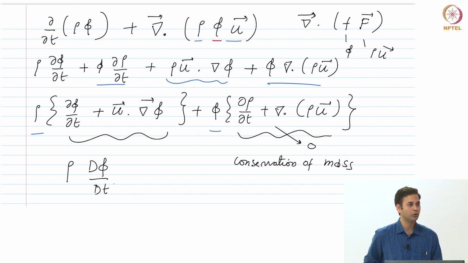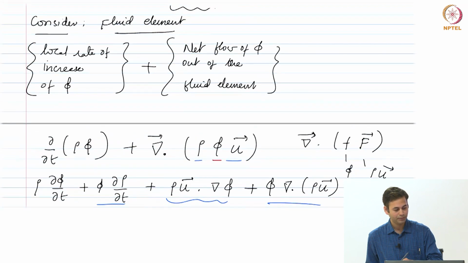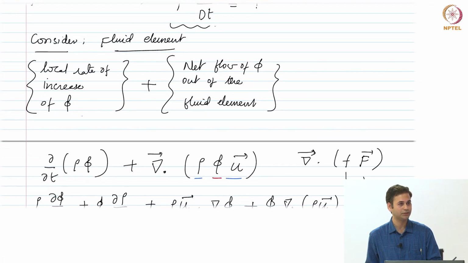That means we have just proved that the rate of change of phi per unit volume in a Lagrangian approach, that is given by this quantity, right, is nothing but this, right. So, this is essentially the local increase of phi per unit volume and the net flow out of the fluid element of the phi per unit volume.